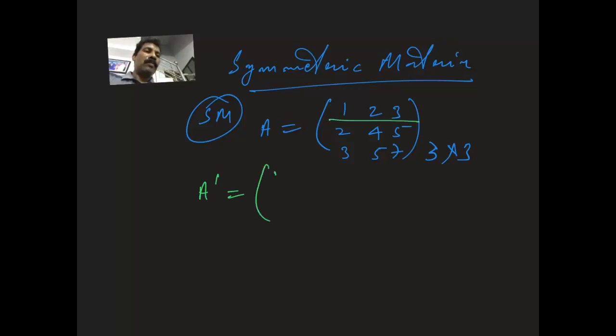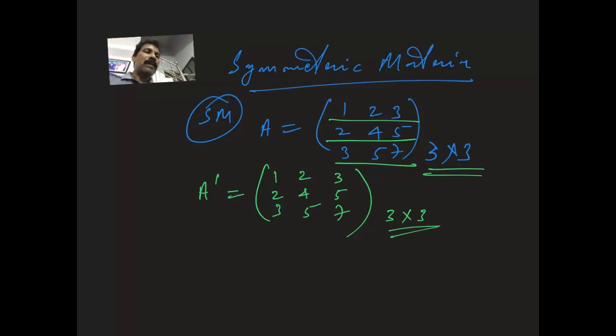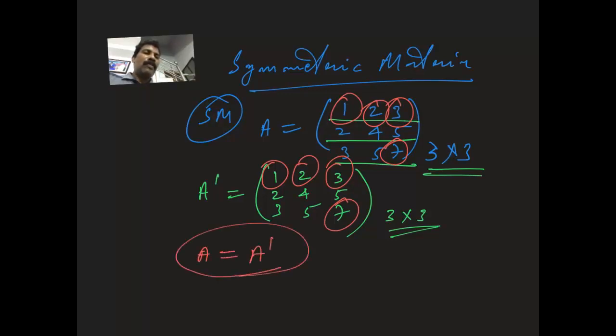The first row becomes our first column, the second row becomes our second column and the third row becomes our third column: 3, 5, 7. So you can see the order is the same, and the corresponding elements are also the same. That is 1 is 1 and 2 is 2 and 3 is 3, like that 7 is 7. So you can see that here A is equal to A transpose. When such a thing happens with a square matrix, it is called a symmetric matrix.